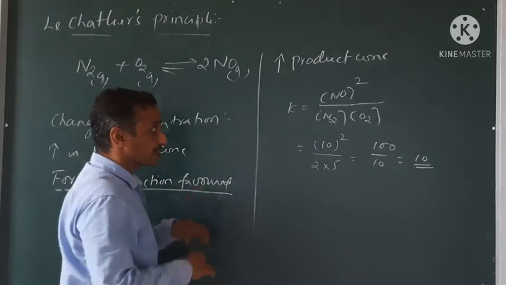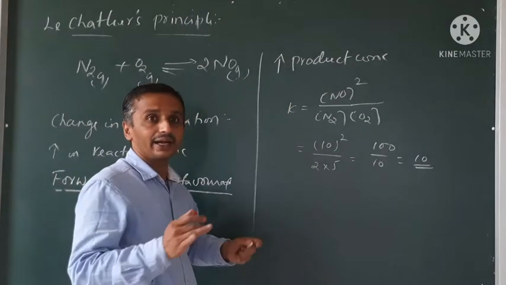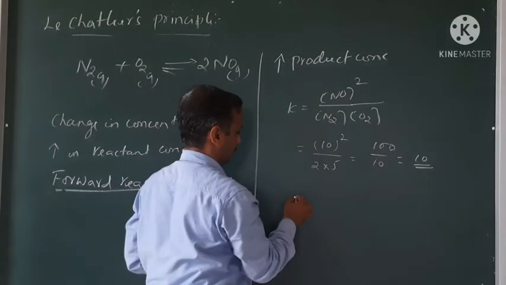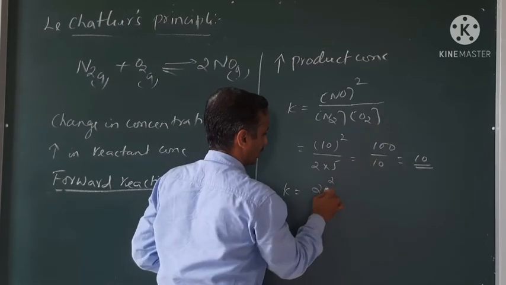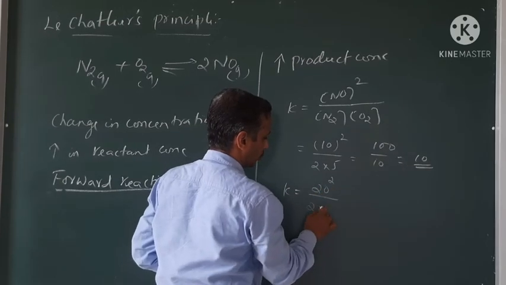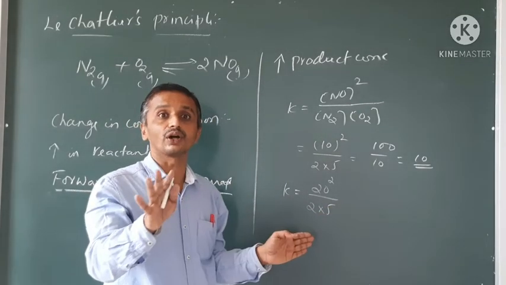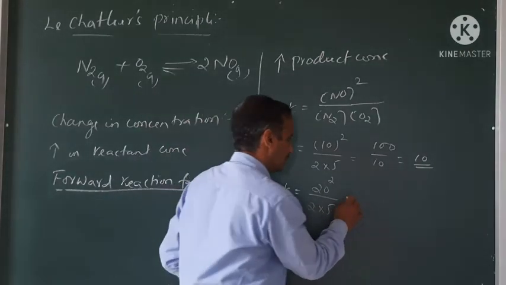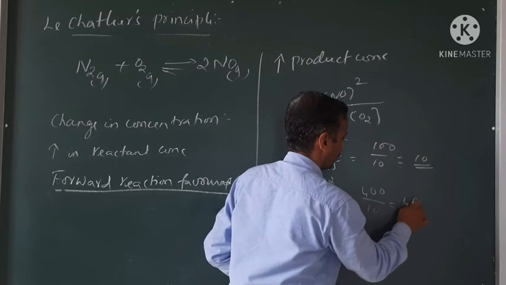Now what I do is, I will double the product concentration by adding a little nitric oxide. I double it. Then what happens? K is equal to 20 square divided by 2 into 5. This is if the reaction is not adjusting itself. Then it is 400 divided by 10, which is equal to 40.